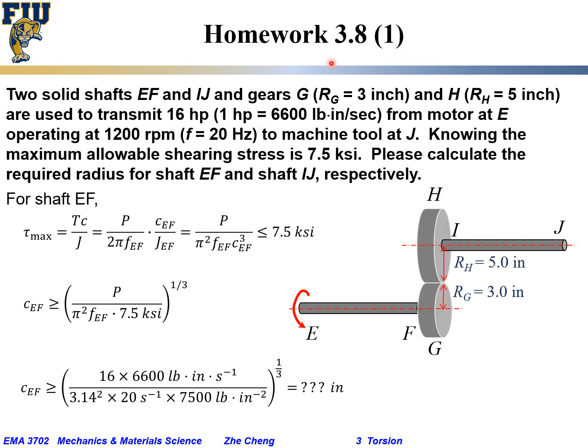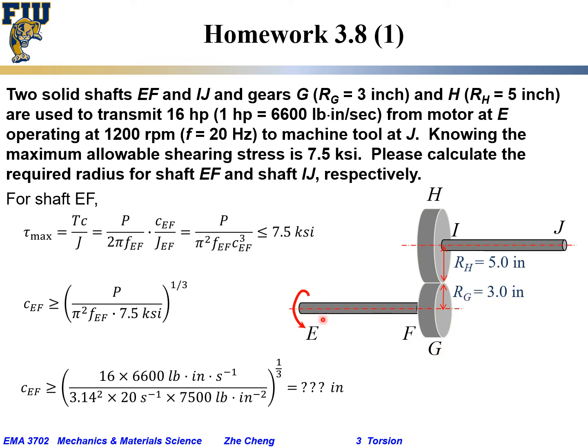Finally, homework 3.8. We have two solid shafts, EF and IJ, each connected to gears. IJ is connected to gear H with a radius of 5 inch, and EF is connected to gear G with a radius of 3 inch.